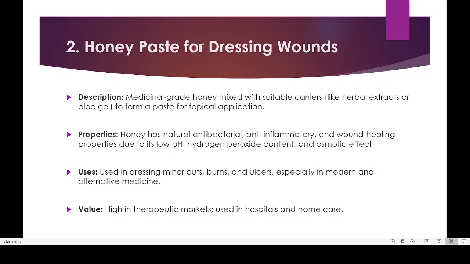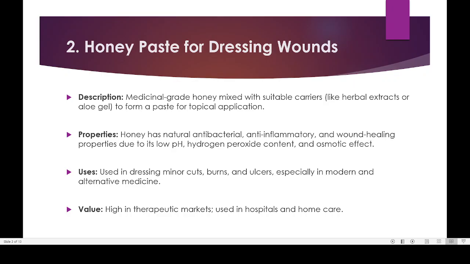Maybe if there is any picture, I will show you. See, some kinds of medicines are also available. See, wound honey. This kind of medicines are also now available in the market. These mainly consist of honey, and maybe it is combined with some other products also.